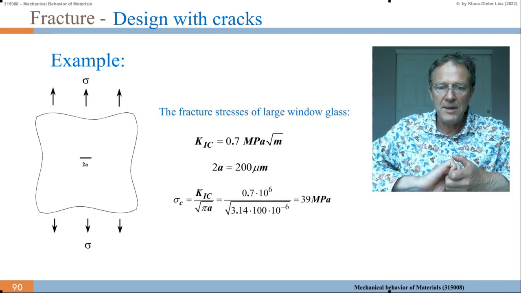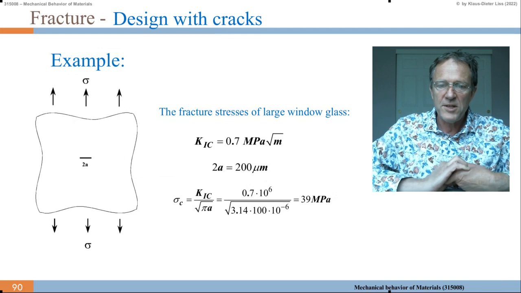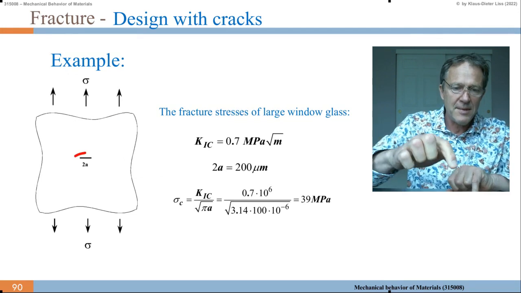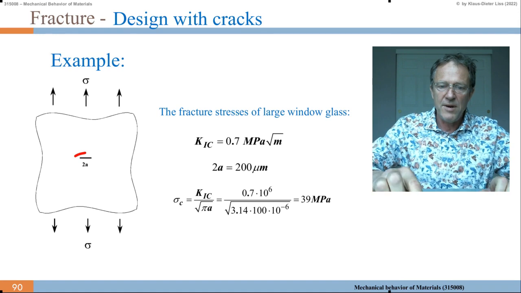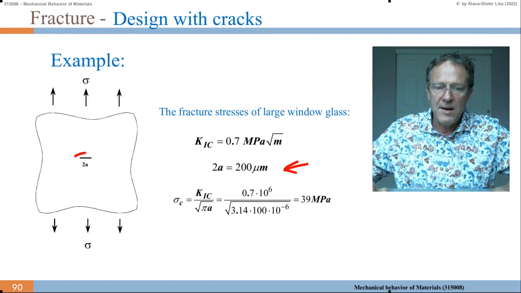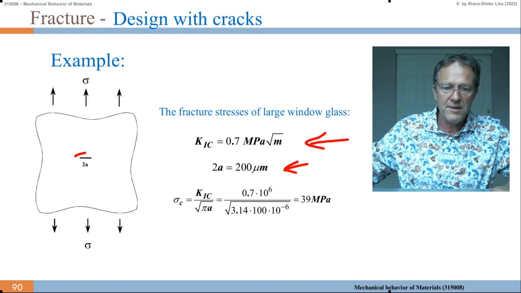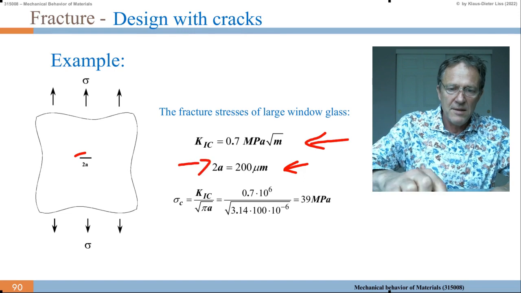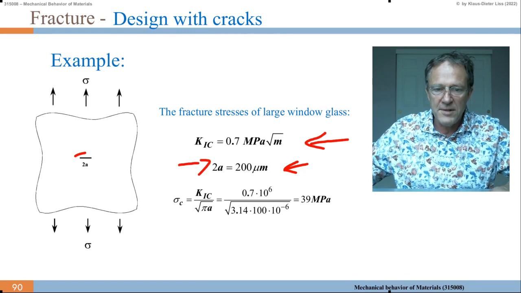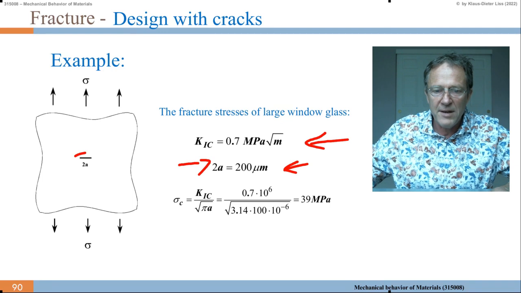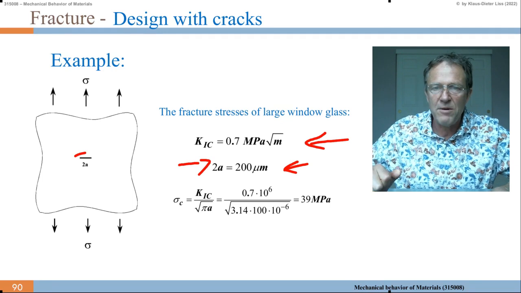Here's an example. The fracture stress of a large window glass. You have a big window, then it has a crack in the middle of the length 2a, 200 micrometers. What are the allowed stresses? This one you look up somewhere in your table. This is the crack you want to design. Pretty often you want to allow a crack or inclusion or scratch of 200 micrometers.